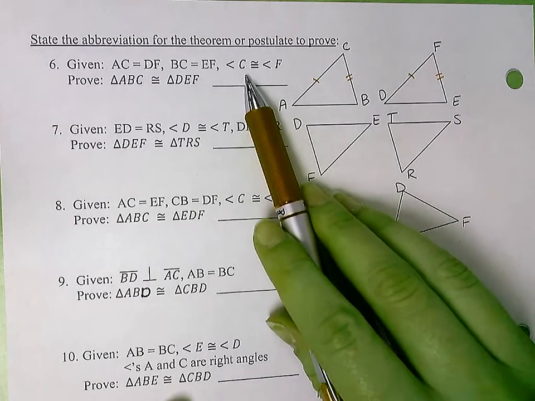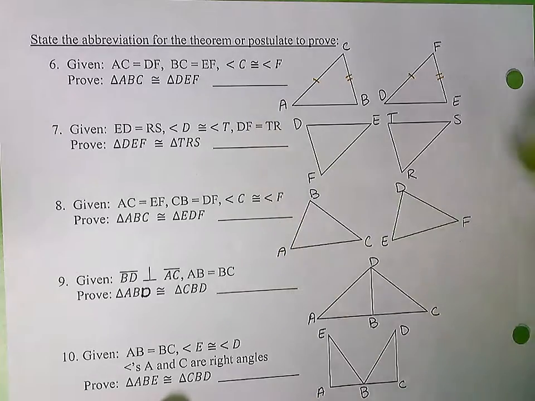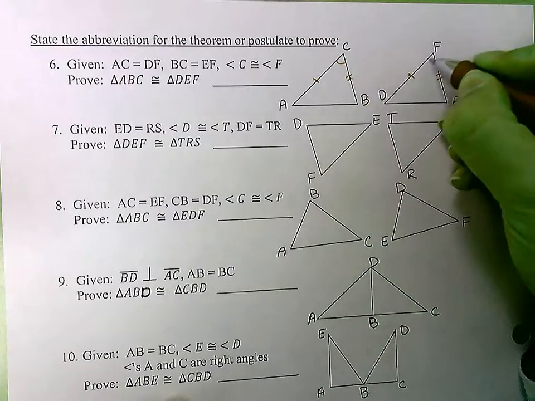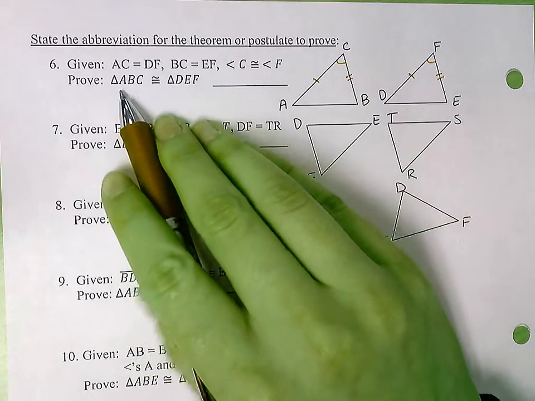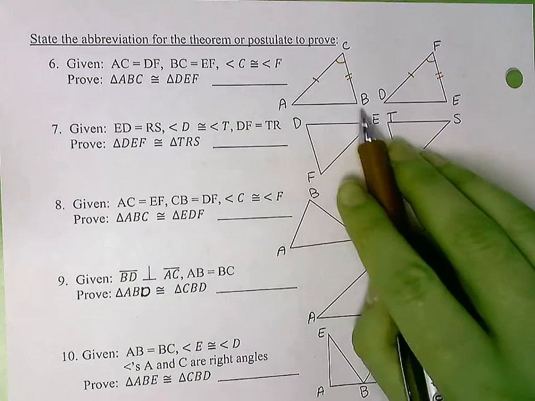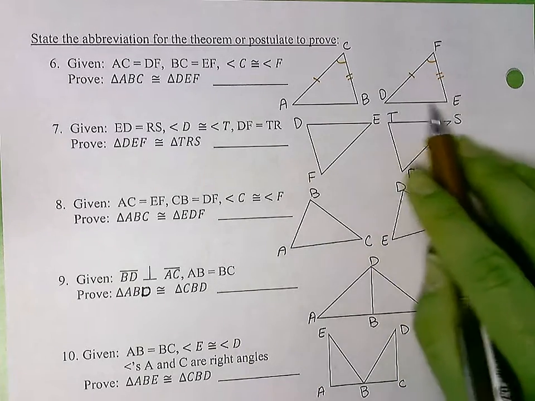The last thing I'm given is angle C is congruent to angle F. So we're going to label C congruent to angle F. And we want to prove that triangle ABC is congruent to triangle DEF.